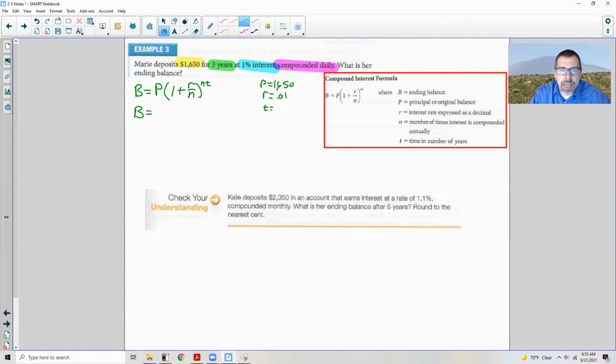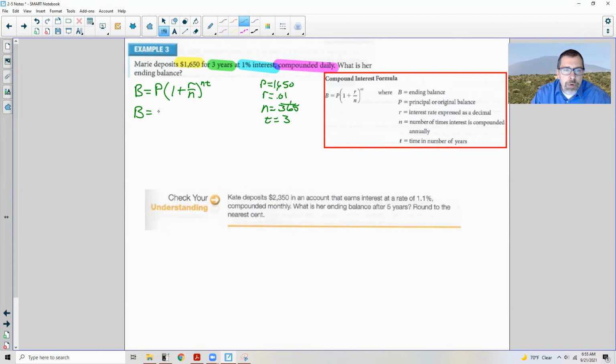Actually, now it's going to be N. We're going to call N our time. So that's the difference here. So we're going to change that T to an N, and that's our daily. So that's the number of times it's getting compounded. A year is 365, or you could say 1 over 365. And our time is the number of years, 3.